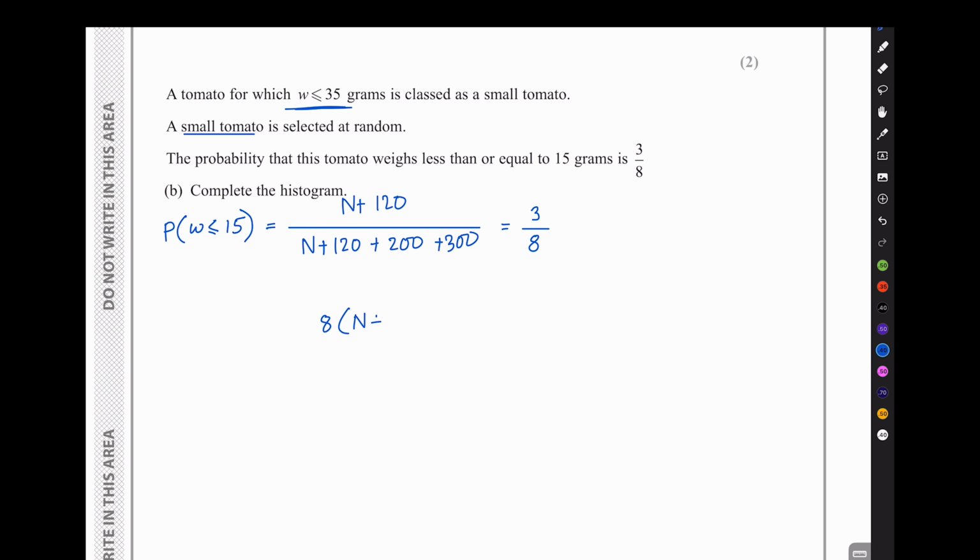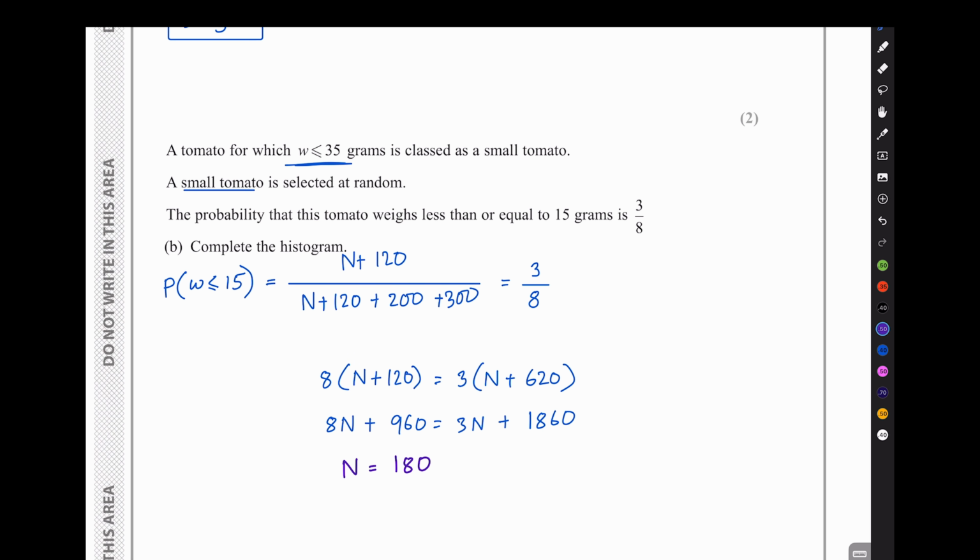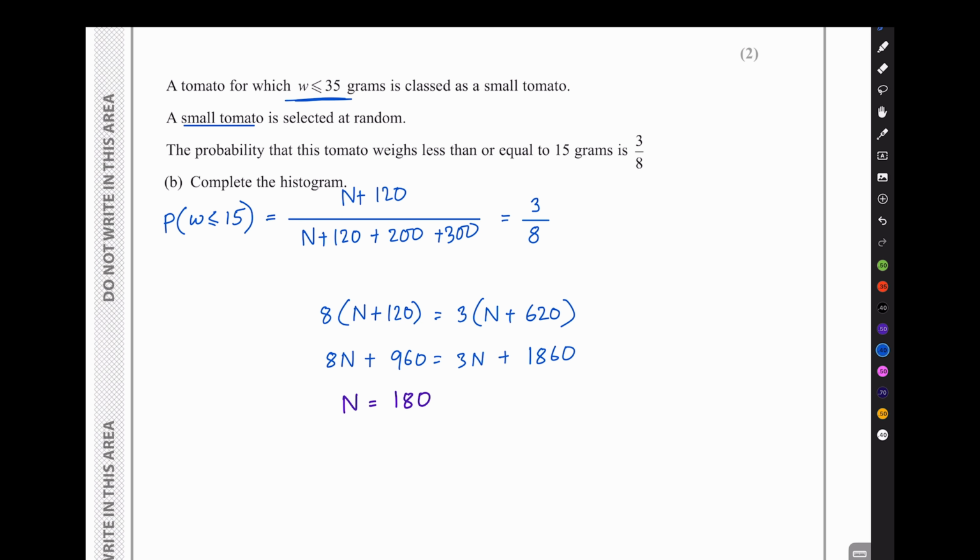Let me calculate it quickly. 3 times n plus 620 equals 8 times n plus 120. That gives 8n plus 960 equals 3n plus 1860, so 5n equals 900. Dividing by 5, it's 180. So I found the value: n is 180.